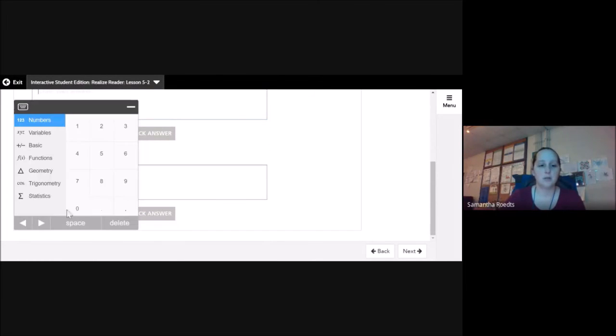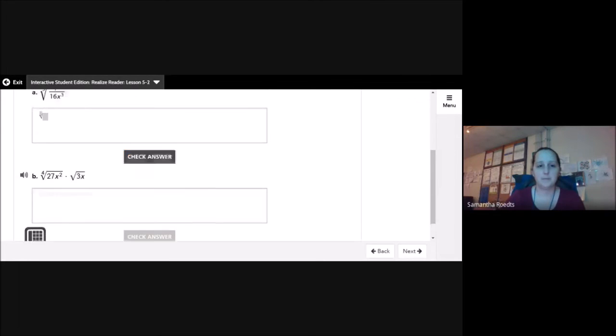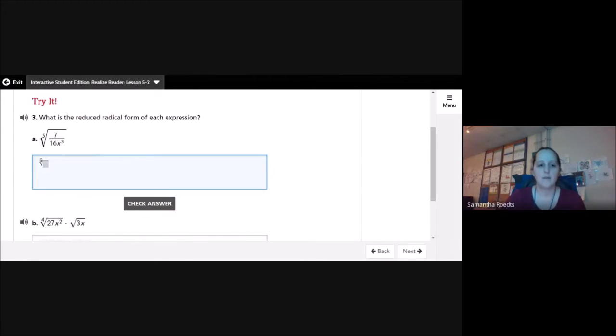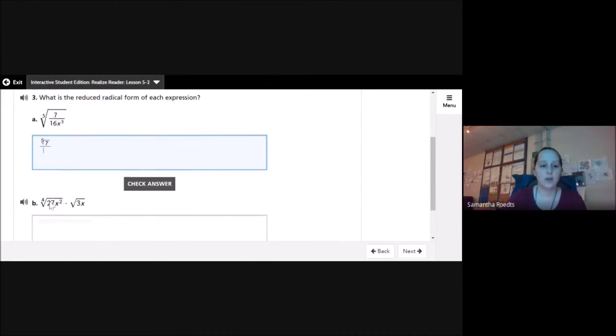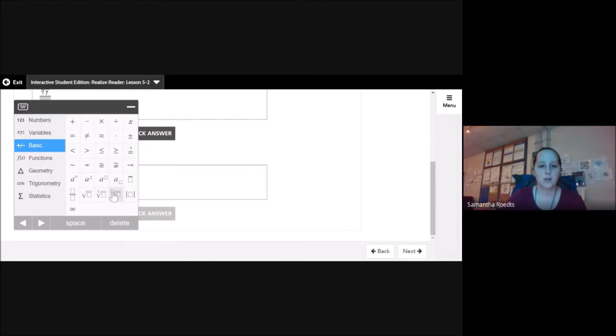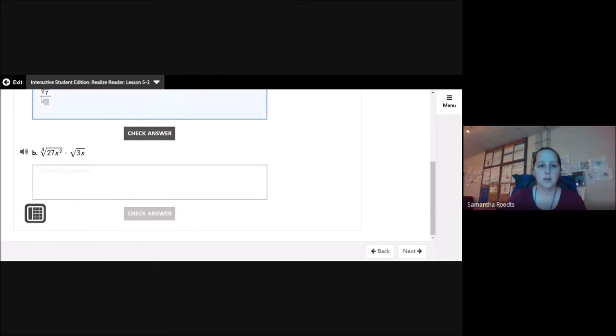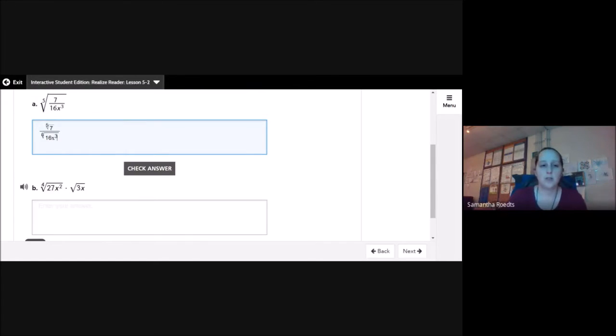So the fifth root of 7 over the fifth root of 16x cubed.